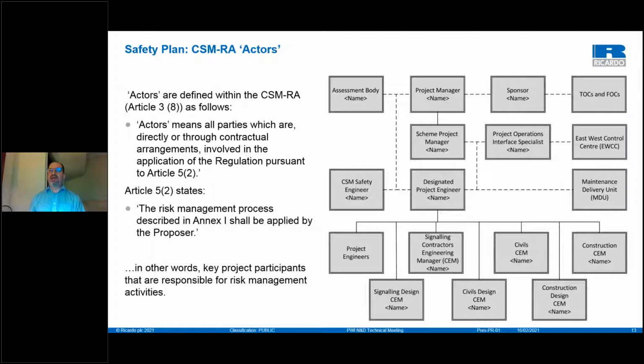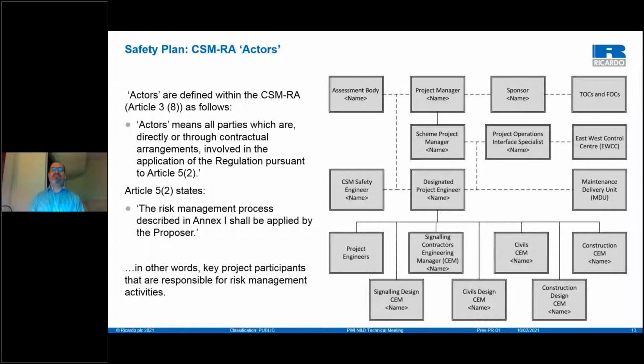Obviously, the signallers will be impacted and interfaced with, and they will need to be trained up to accommodate the changes that are made. Same with the maintenance delivery unit. And then at the bottom there, you've got the actual organisations and actors delivering the change: signalling, civils, construction, the project engineers who are on the ground.